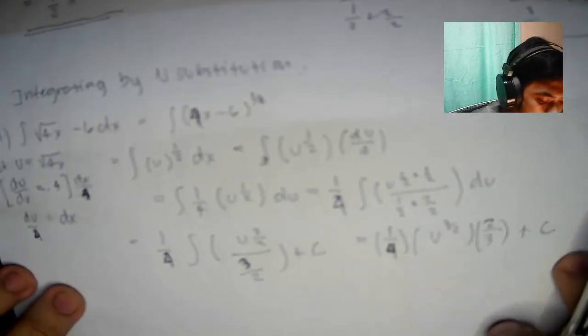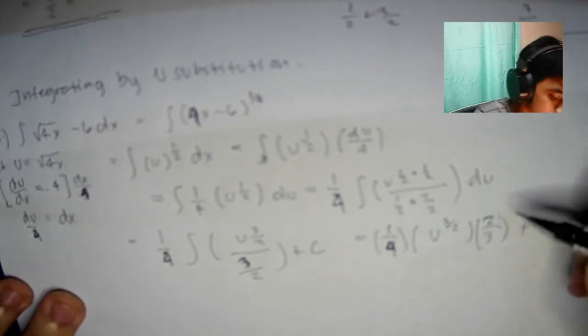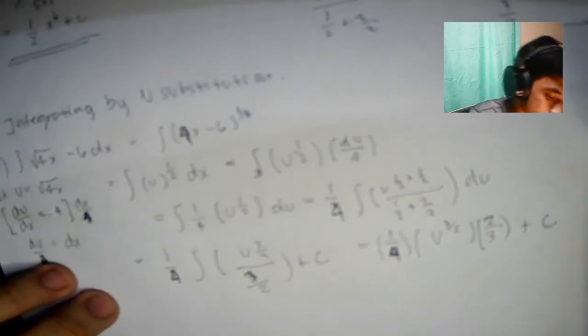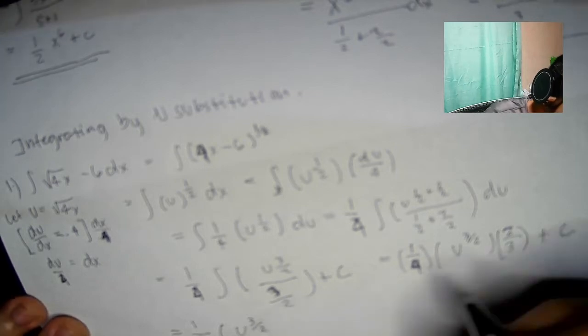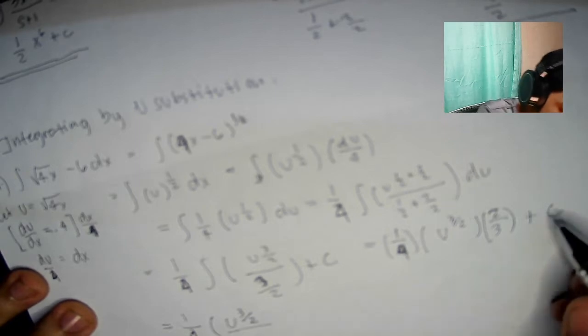So you still have u to the 3 over 2. Actually we don't have the same term here, so you can just put it back. So we have this c.